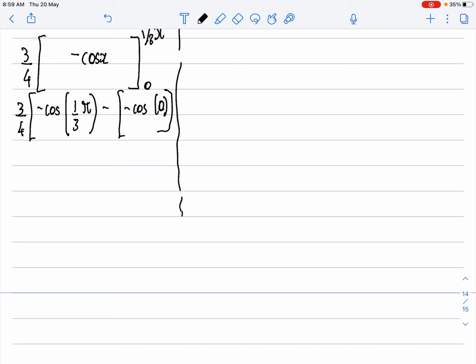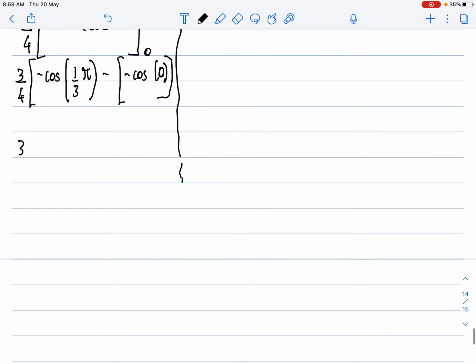Okay, sorry, I made a mistake. You need to make sure you are on the radian mode. That's the mistake I made right now. I tried to calculate in the degree mode, so you need to know. So minus cos 1 over 3 pi is basically minus 1 over 2. Minus cos 0 is minus 1.